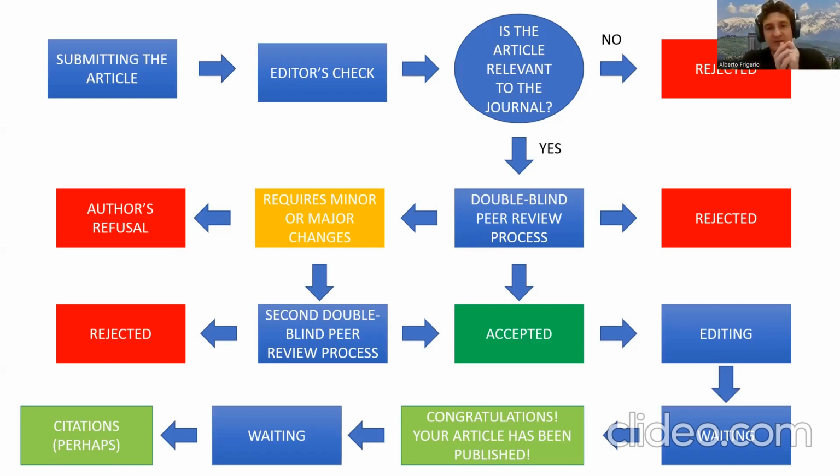Most of the time, what you receive is a request of minor or major changes. Minor change means that your article is good for the reviewers, but still they see that there are some minor elements that need to be changed. Could be a better academic writing style, could be to develop one section, could be to add more information about the methodology. But overall, there are just some tiny adjustments to be made. Differently, you might also be requested to introduce major changes.